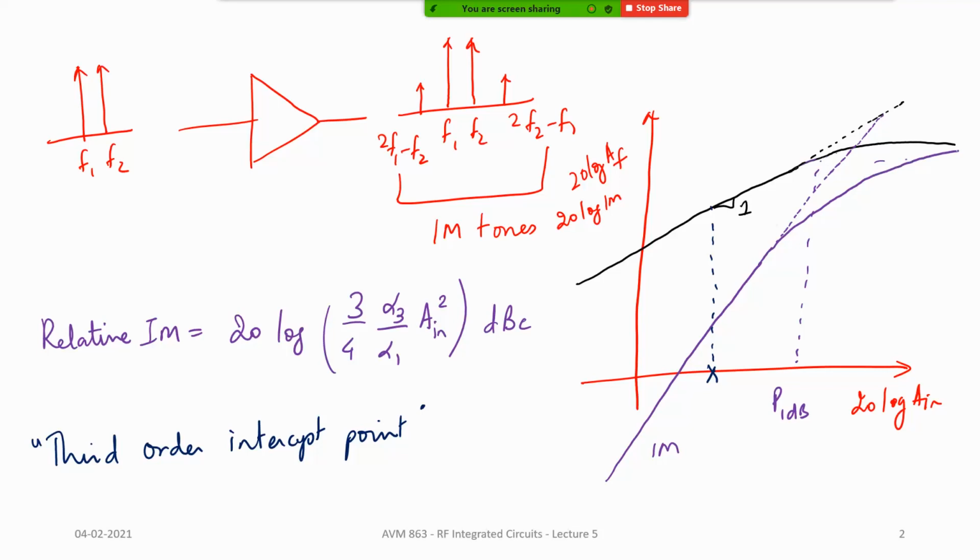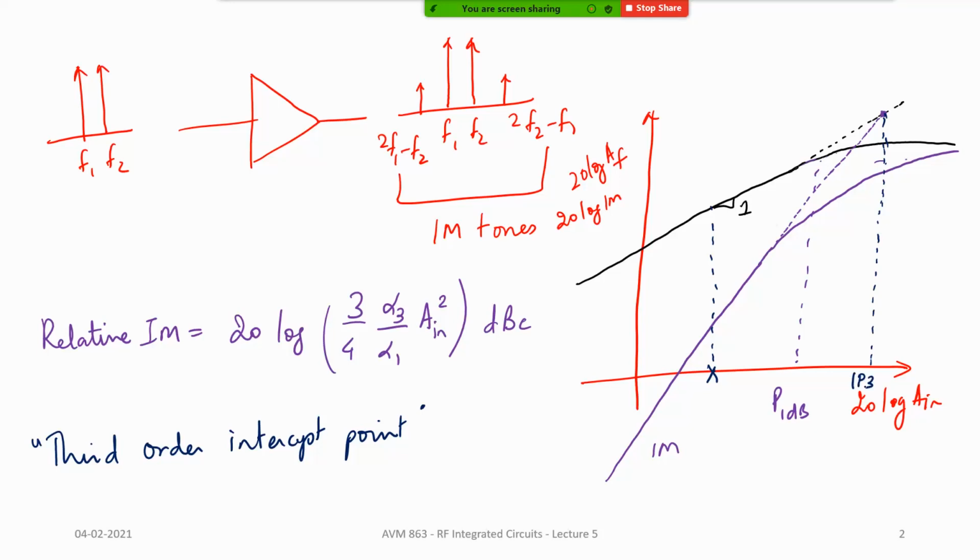Heavily saturating. Now, if you take the linear region of both of these curves and you extrapolate them so that they meet at a certain point, that point is what is called the third order intercept point, and it is written as IP3.